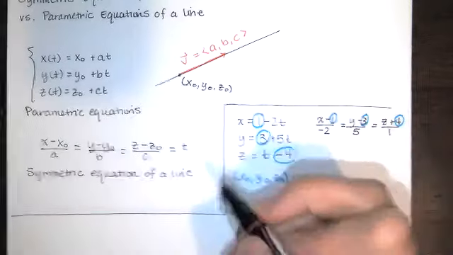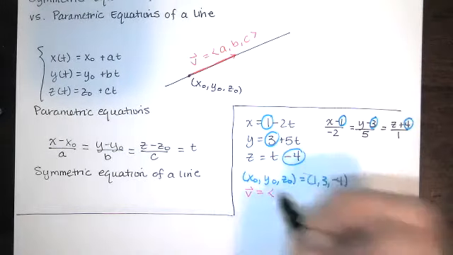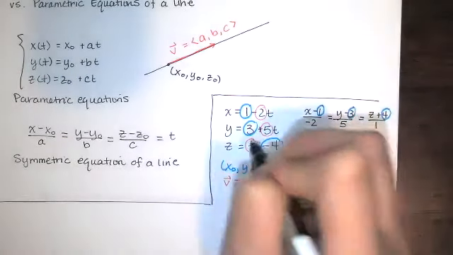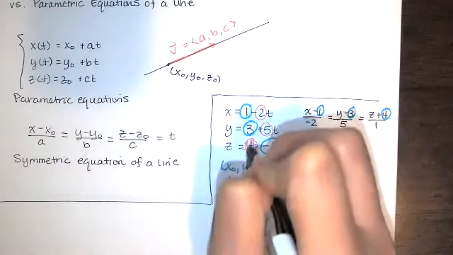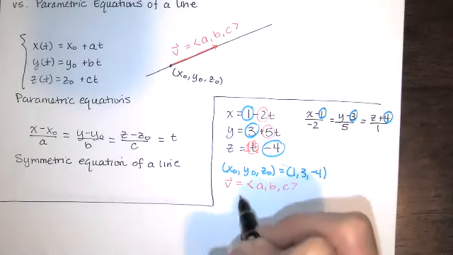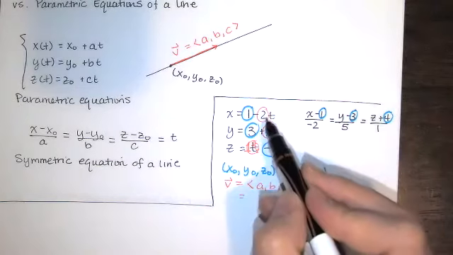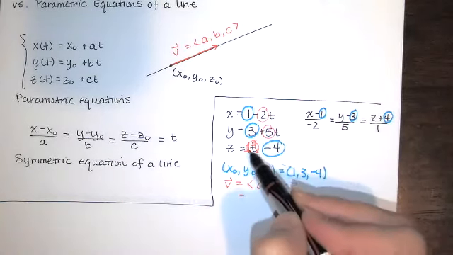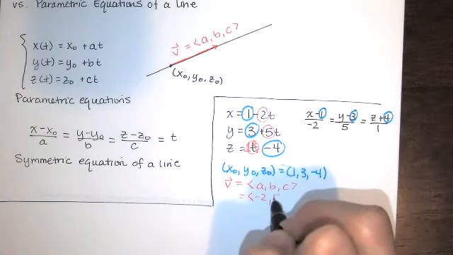Now to find the direction vector, if you have parametric equations of the line, you just look at the coefficients of t. Oops, not the t itself, but the coefficient of t. The direction vector, if we're in 3 space, has components a, b, and c. That's going to be -2, 5, and +1 in this case.